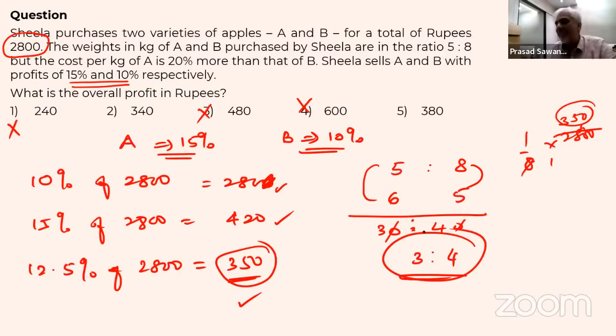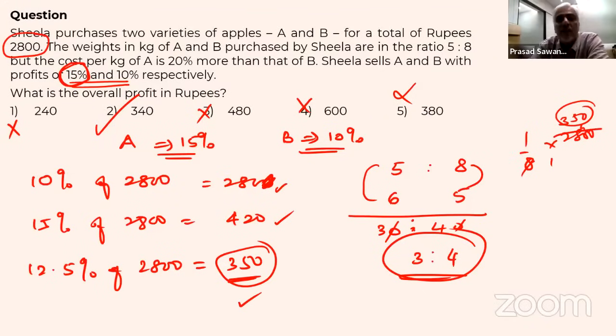So A was less than B. The impact of A was less. If the impact of A was less, because A was at 15% and B was at 10%, the answer will be less than 12.5, which is the second option. Fifth option is also gone. This is how you just do it smartly. If the impact of A was more, the answer would have been more than 350.